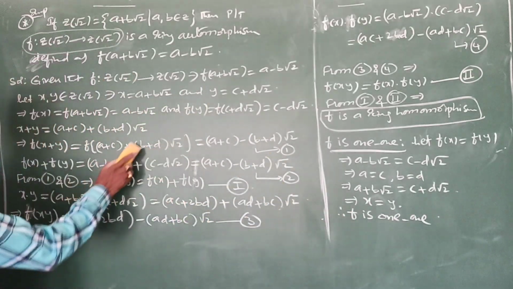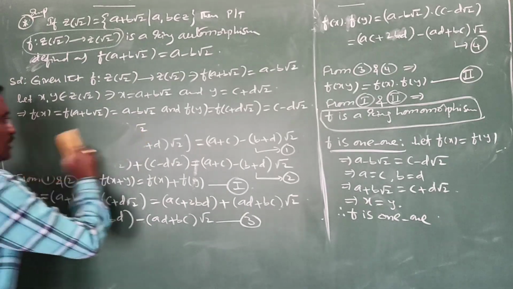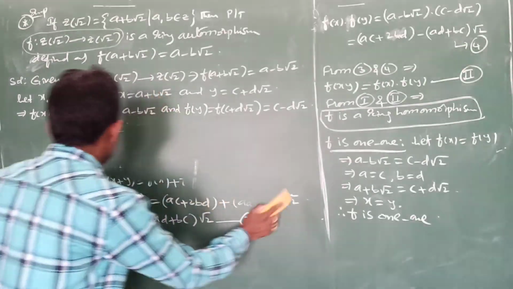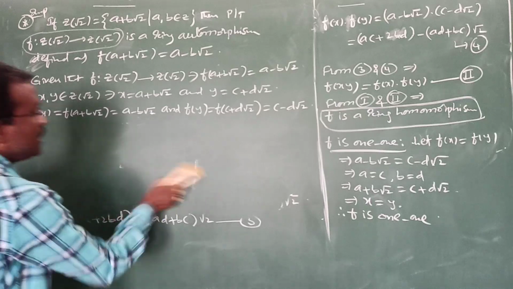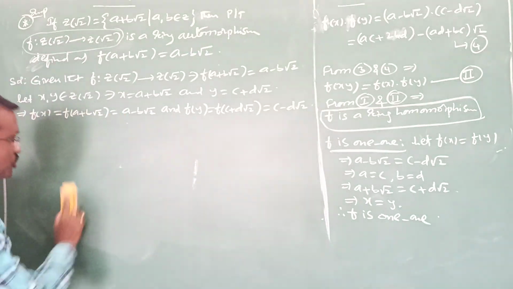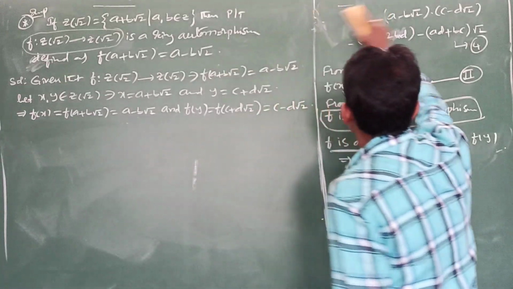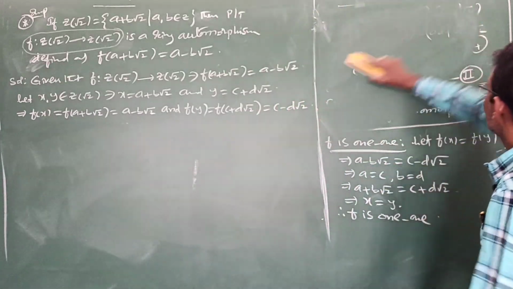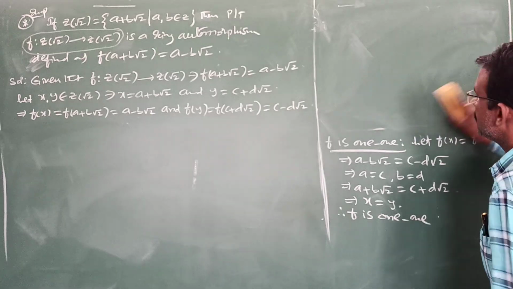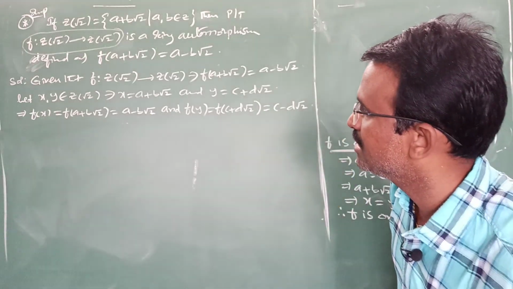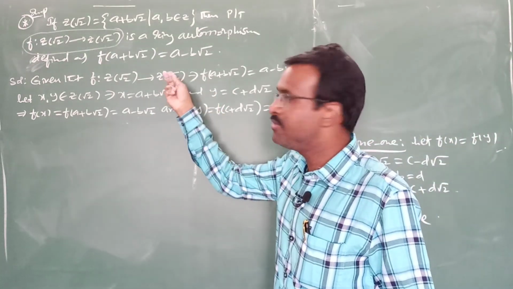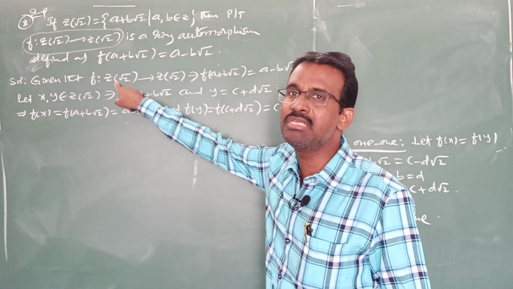For that I want to remove these lines. What is the onto definition? For every element of the codomain set, if there exists a pre-image in the domain set, then you say it is onto. Means for every element of this, if we can show there exists a pre-image in this, it is enough.